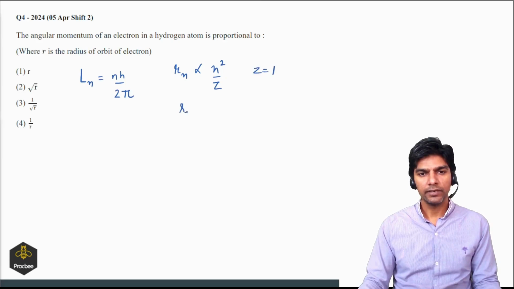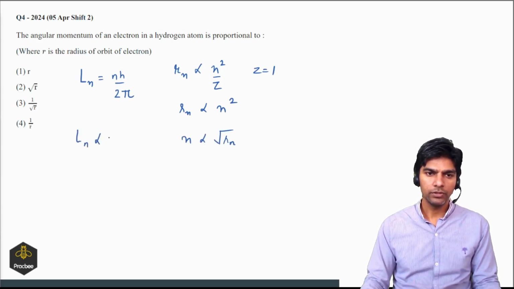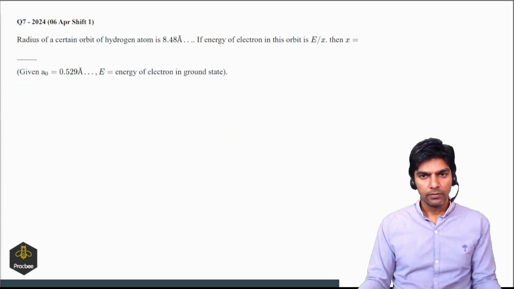So we can say Rn is proportional to n square, and n will be proportional to square root of Rn. So we can say Ln will be proportional to n, or Ln will be proportional to root Rn. So yes, option 2 is the right answer. Now let us see the next question.